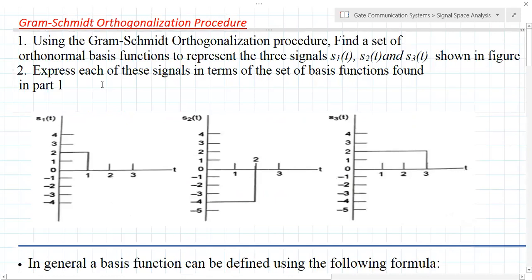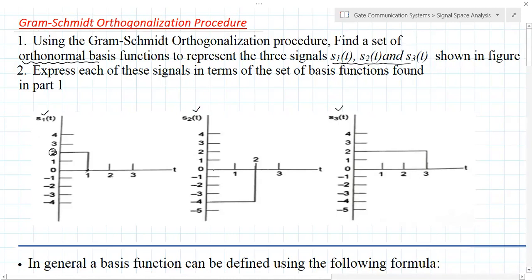So here in this particular question, it is given that using Gram-Schmidt orthogonalization procedure, find a set of orthonormal basis functions to represent the three signals S1 of t, S2 of t, and S3 of t, as shown in the figure. So we can see that S1 of t is a signal which exists from 0 to 1, and the amplitude is 2.